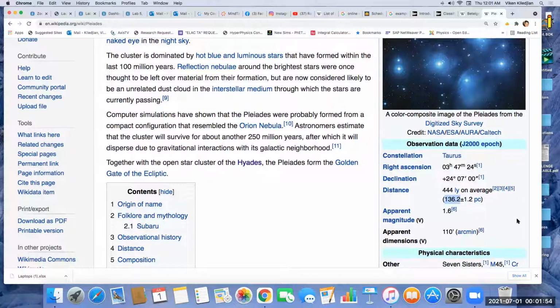So even though in the sky their positions are close, that doesn't mean their distance to us is the same. One could be very far away, one could be very close. Their position in the sky has nothing to do with their distance from us. So the Pleiades is farther away, 136 parsecs, whereas the other one, the Hyades, is 47 parsecs away, right?